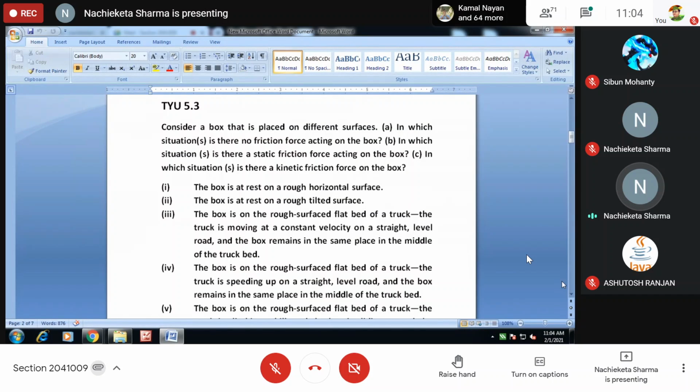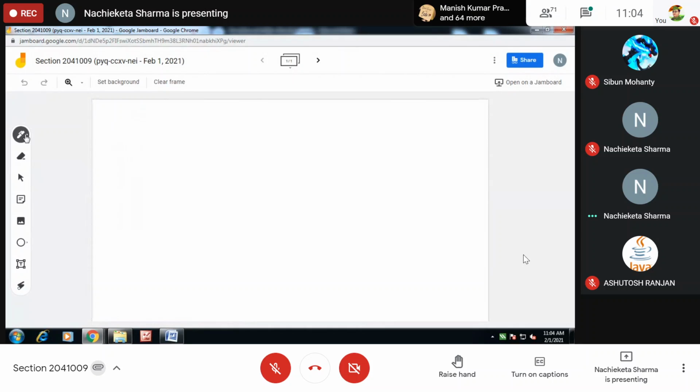First we will see what are the forces acting on the box when it is at rest on a rough horizontal surface. Okay, so this is the horizontal rough surface and the box is placed here. The forces acting are the weight vertically downwards and the normal force upward.